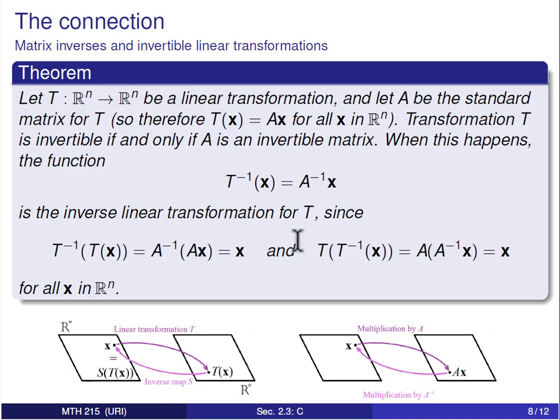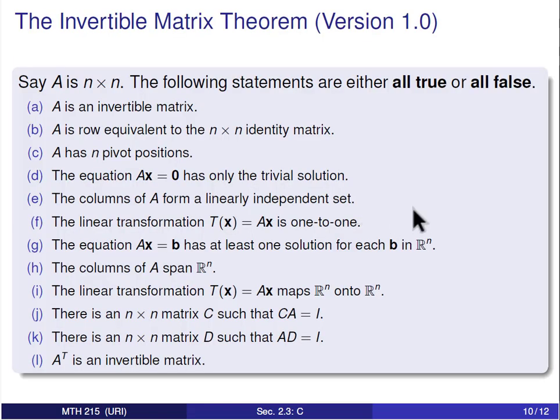And what we've said is that the standard matrix for T inverse should be the inverse matrix for A. So, when we talk about the invertible matrix theorem, having an inverse for your linear transformation depends entirely on everything else in this theorem.